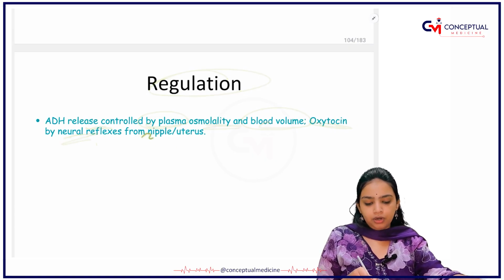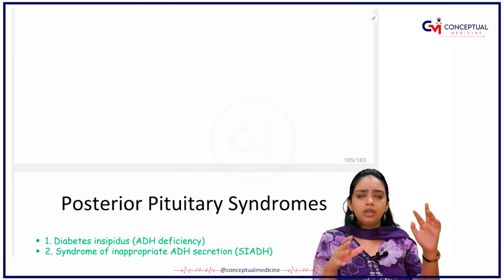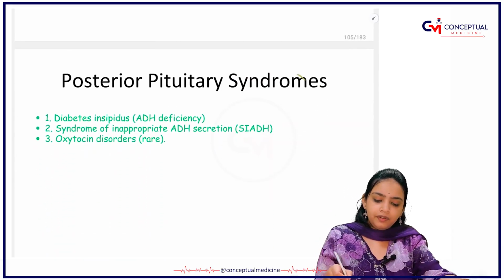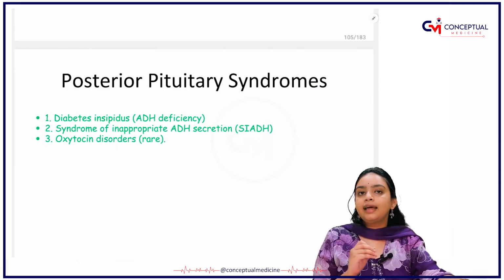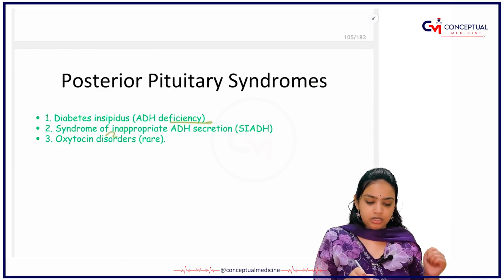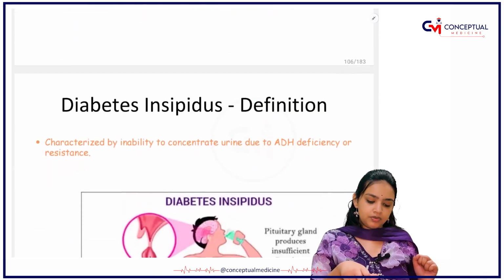Oxytocin is controlled by neural reflexes from the nipples and the uterus, which you know from your physiology lectures. The posterior pituitary syndromes are diabetes insipidus, due to ADH deficiency, SIADH, and the oxytocin disorders, which are rare.